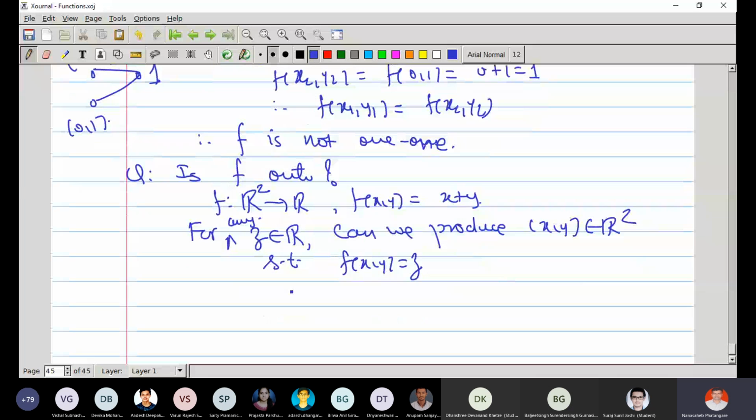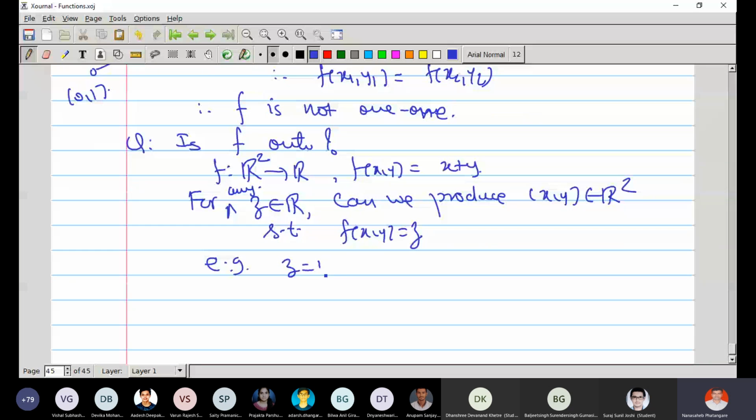For example, if I take z equal to 10, then what is xy? 7 comma 3, because 10 I can write as 7 plus 3.